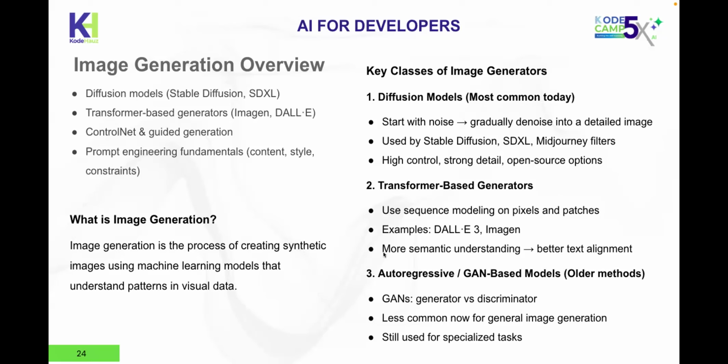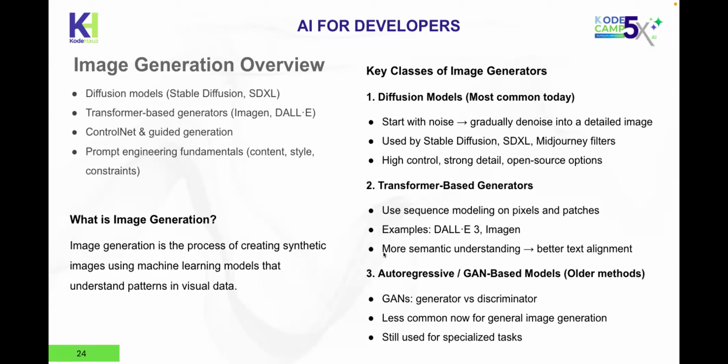The GANs were actually the first really good image generators, right? They were the first really good ones. But these days, nobody really uses GANs, right? Because the diffusion models have become much better, and you have better control over the details of what the diffusion model is generating, versus the GANs or the transformer based ones.